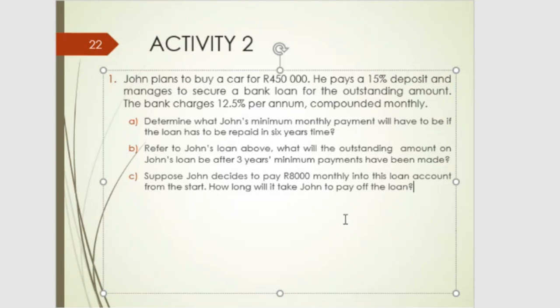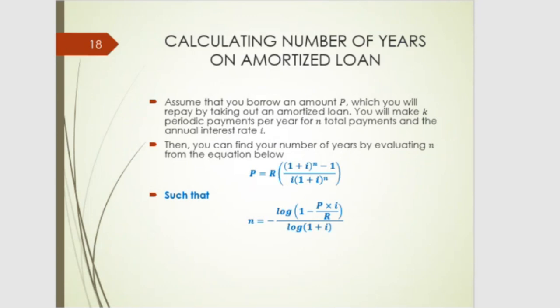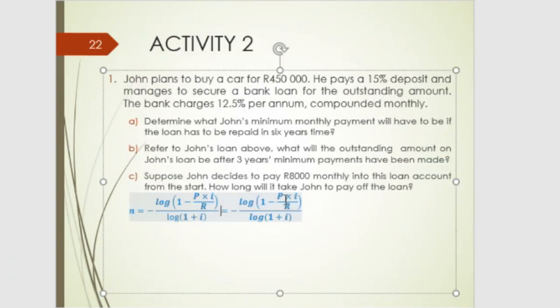How long will it take John to pay off the loan? Right? So it means you take this formula. So we replace the values here. We have that present value of what?